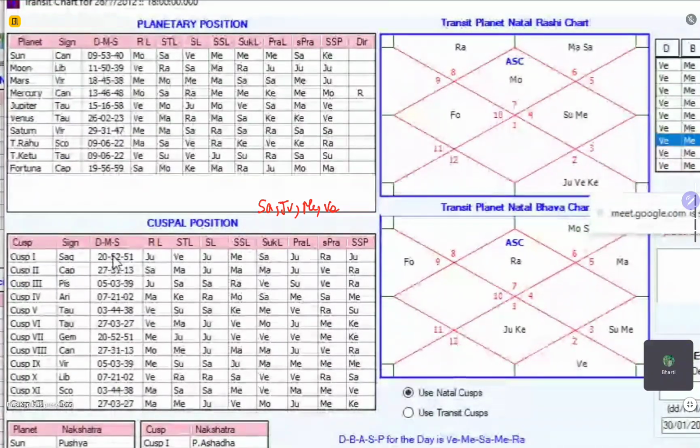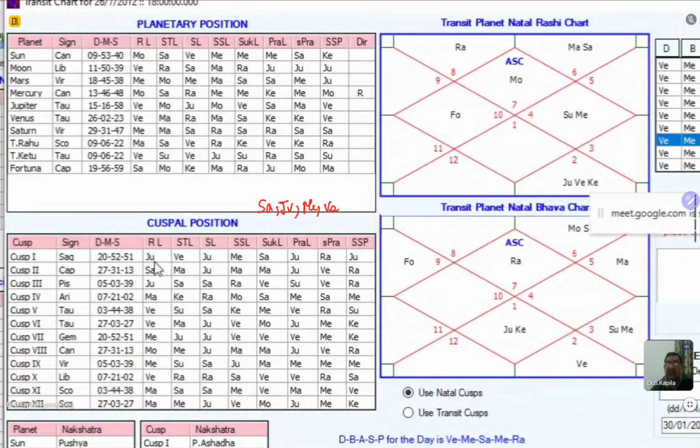Aquarius. So the sign that rises on the ascendant can be Sagittarius, Capricorn, or Aquarius. Now, which is the one which is stronger?